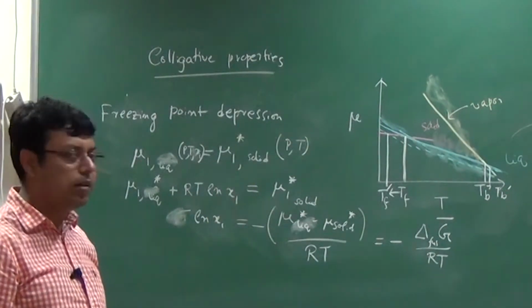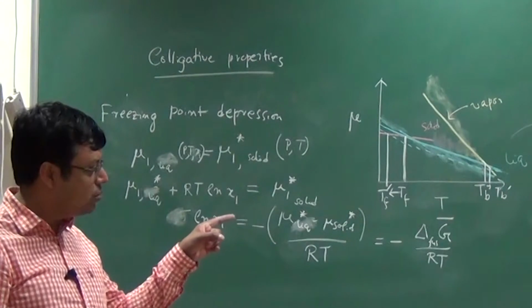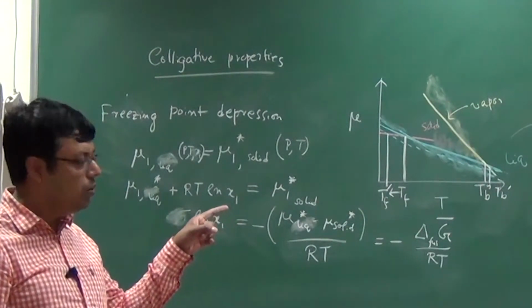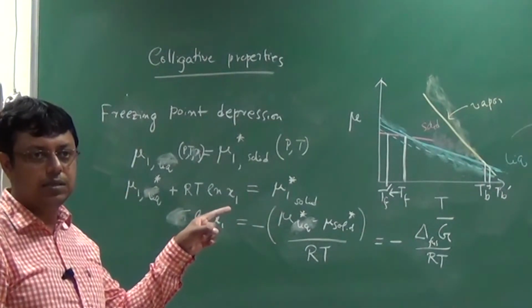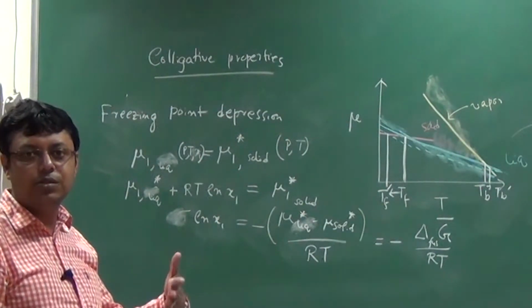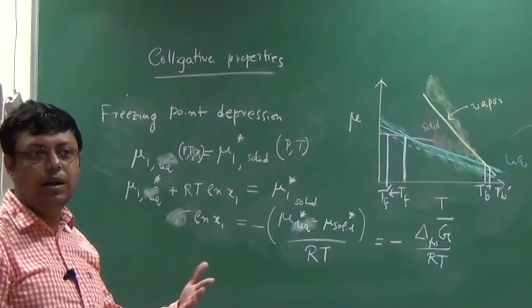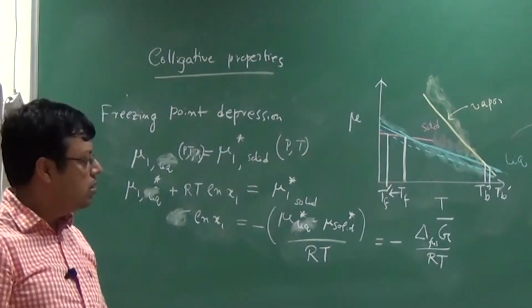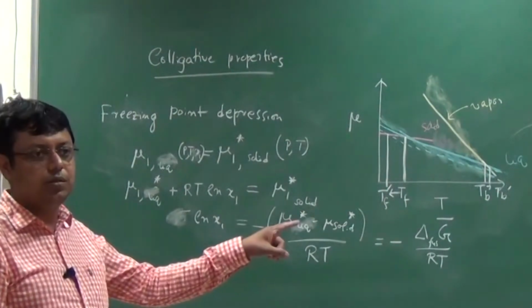But before that, we'll play a trick. The trick is that usually we do not actually measure delta G. Why? Because in thermodynamic measurements you actually deal with the heat of fusion. So we will try to connect it with heat of fusion.